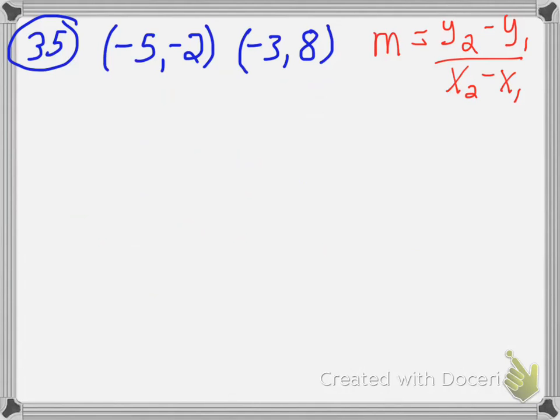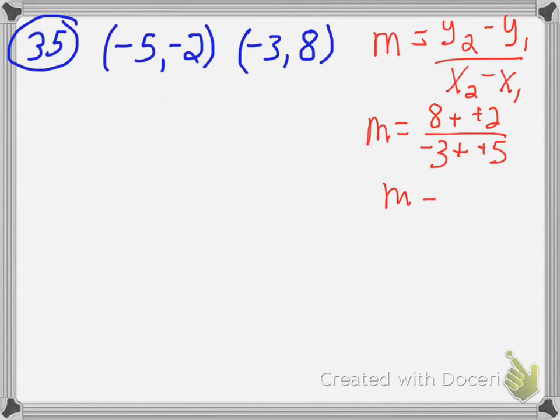So m equals my y2, 8, minus my y1, -2, all over x2, -3, minus -5. Minus a negative becomes plus a positive on both of those.